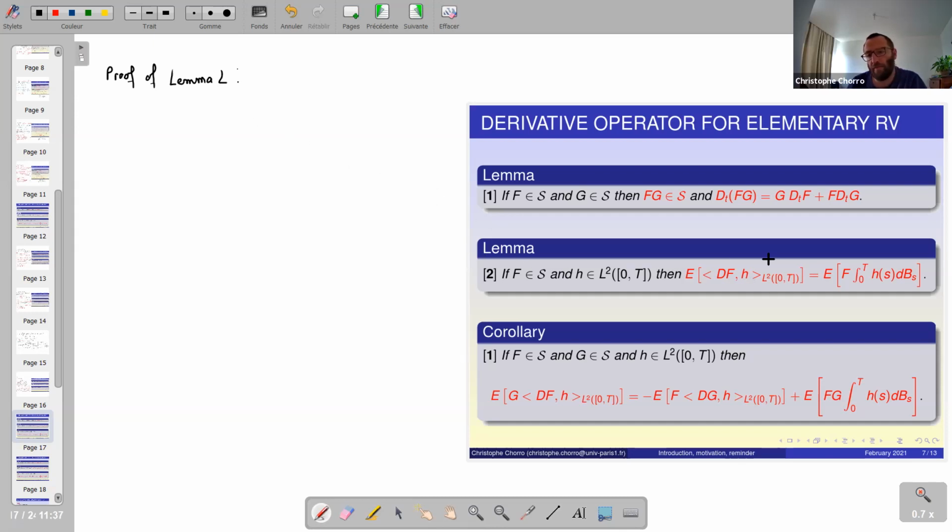In order to make the proof of the lemma 2 easy, let's keep in mind that my F here is an elementary random variable, so it's something of this form here.